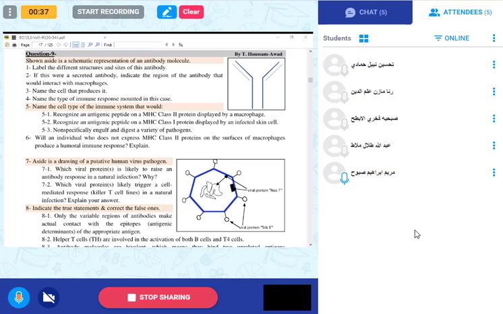Who can answer other than Qassem? Why did we say specific?